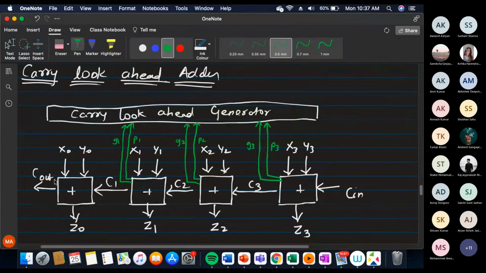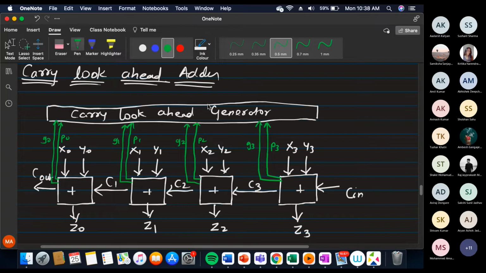And lastly, the X0 and Y0 will be used for generating the G0 and the P0. Fine. Is this clear so far? Yes, sir.